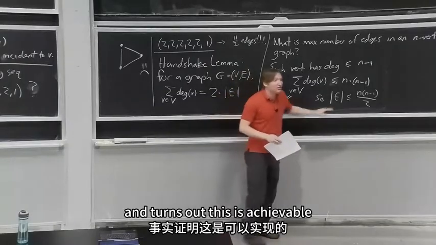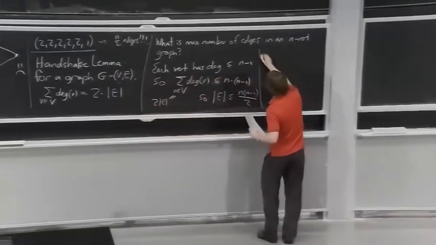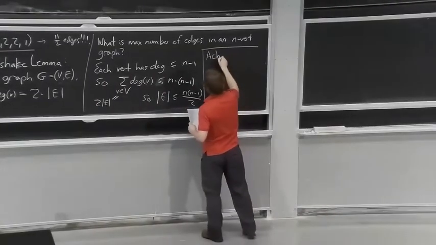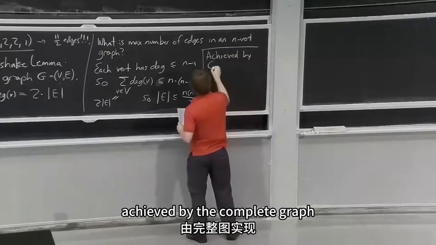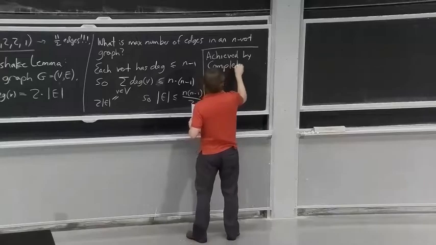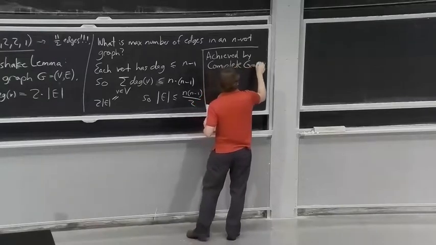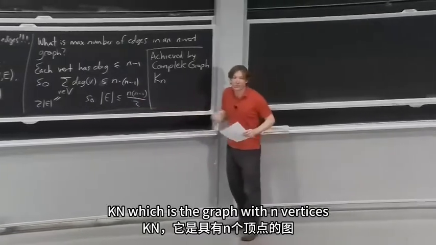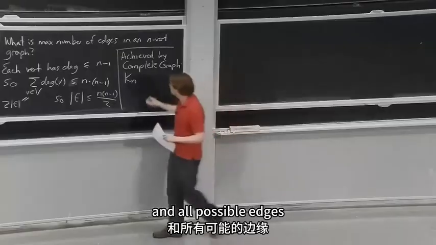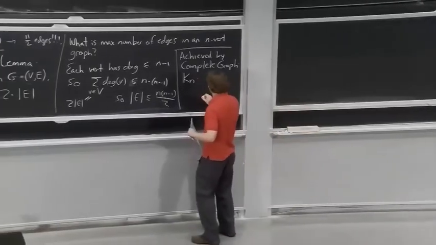And turns out this is achievable. Achieved by the complete graph Kn, which is the graph with n vertices and all possible edges.